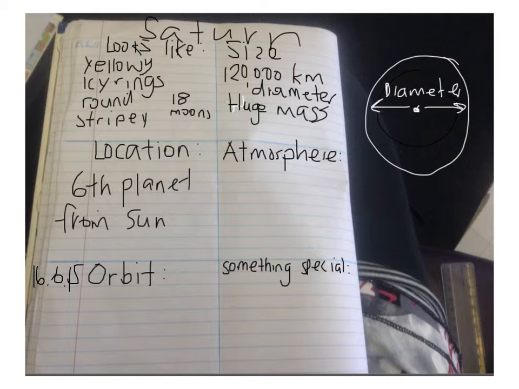What have you got in your looks like box, Desire? Pay attention. It's colourful. Yep. What else? Bright stripes. Yep. Icy rings.